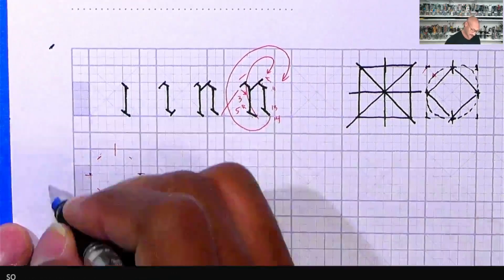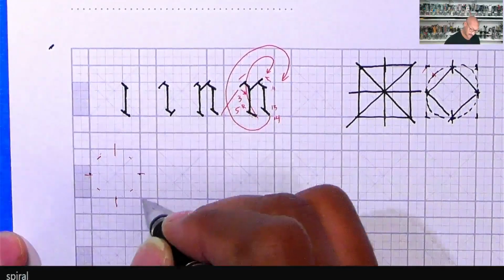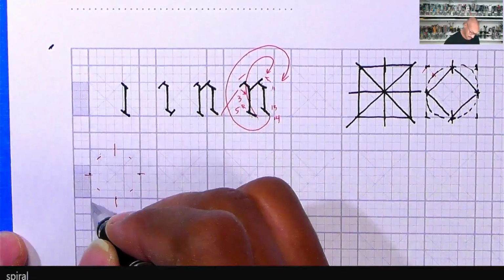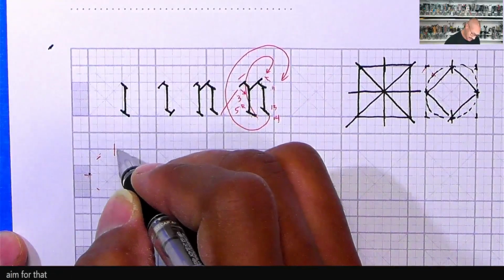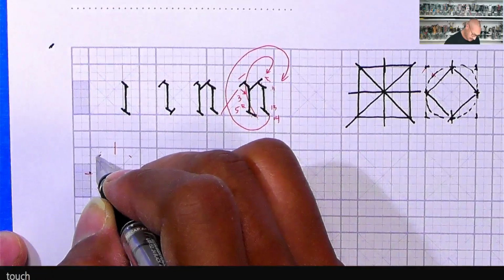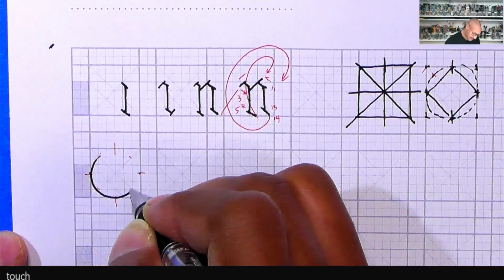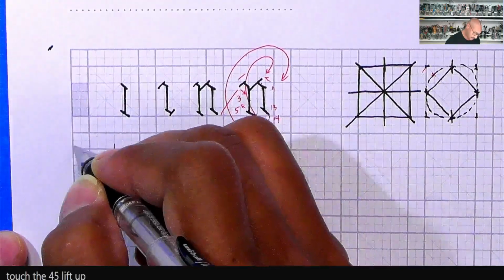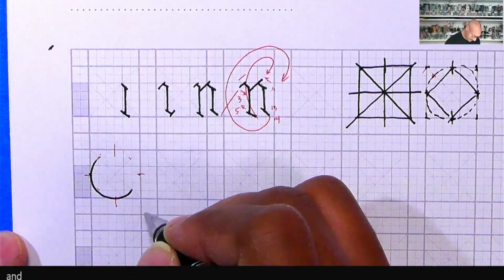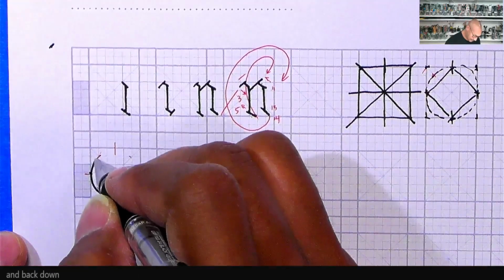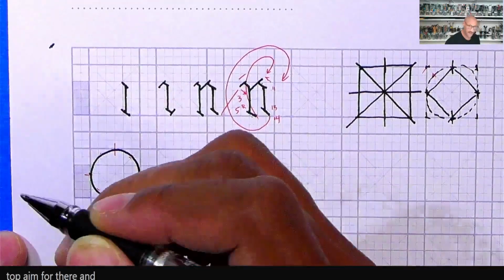So, spiral in slowly, aim for that. Aim, touch the page, follow the curve, touch the 45, lift up, go around and up, and back down, pick it up, aim for there and there and there.